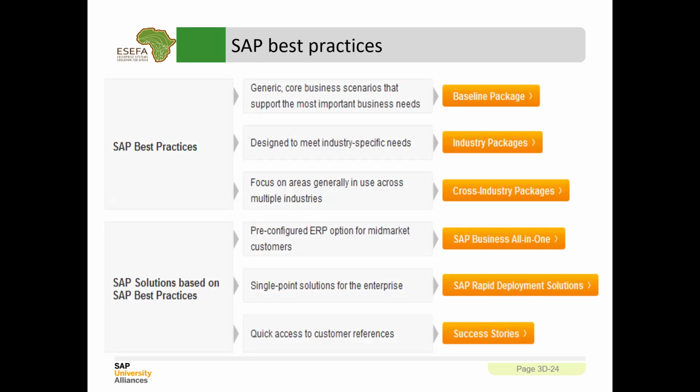So SAP best practices are majorly generic: the core business scenarios that support the most important business needs. So there's a baseline. We all know that once a quotation is made, or a sale is made, that means a payment must be made.